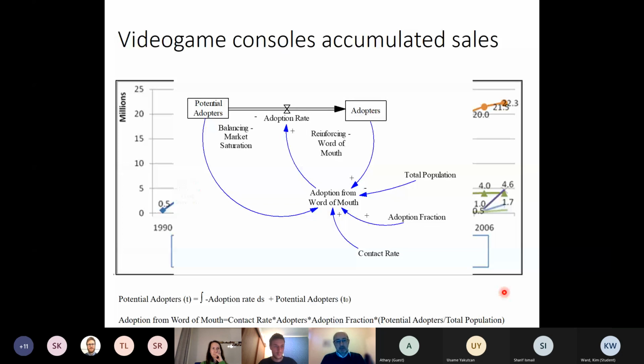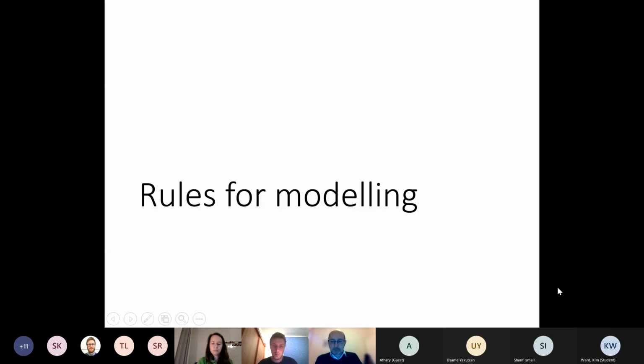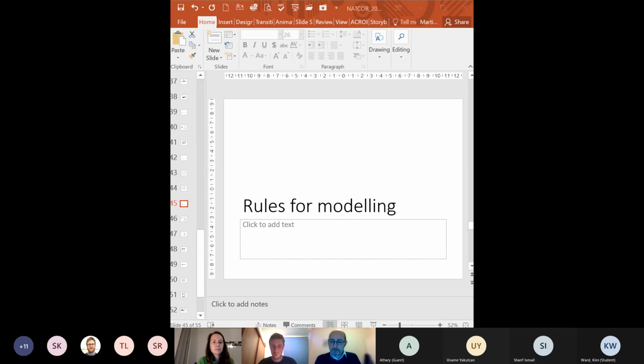So if you want, I will keep this for a couple of minutes so you update your model with this new structure, and see how it goes if we run this simulation again. Before we go to the next stage, which is going into the rules for modeling, any questions with this part?